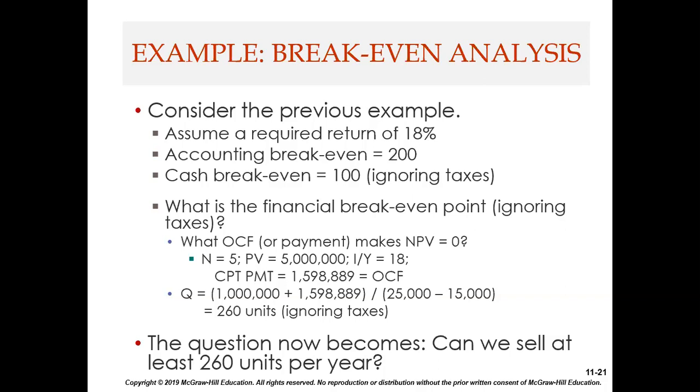The interest rate is 18 because the required rate of return is 18. Our PMT would be 1,598,889 per year. And that is found on, let's see.